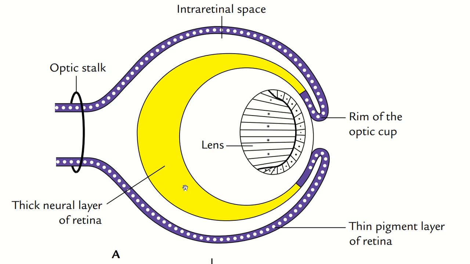Just interestingly, you have to understand that the rods and cones are called the photosensitive receptors of the eye. Importantly, you have about 120 million rods and 6 to 7 million cones. Therefore, the rods are more numerous compared to cones.